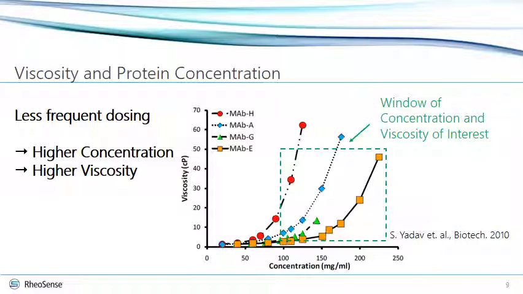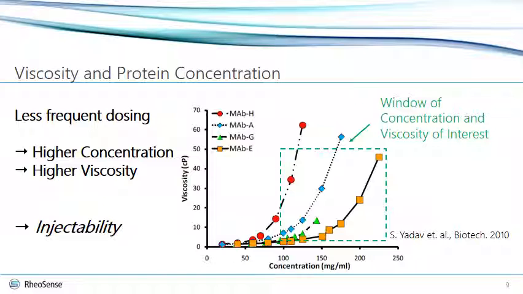Second, for a given formulation, after a given critical value for the concentration, the viscosity of a solution is going to increase almost exponentially with concentration. Those two effects, and a third effect regarding the dependence of viscosity on shear rate that we're going to discuss later, are going to be the key parameters in an injectability study.